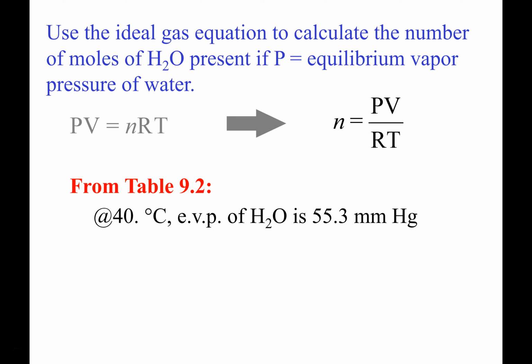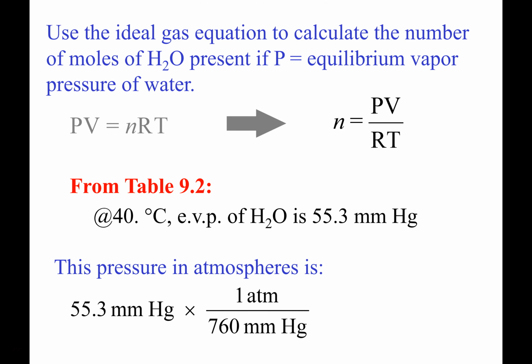But with the value of R we're using, we've got to convert it to atmospheres. Remember 760 is the link between millimeters of mercury and atmospheres. So we make our first term the 55.3 millimeters of mercury and our second term 1 atmosphere over 760 millimeters of mercury.